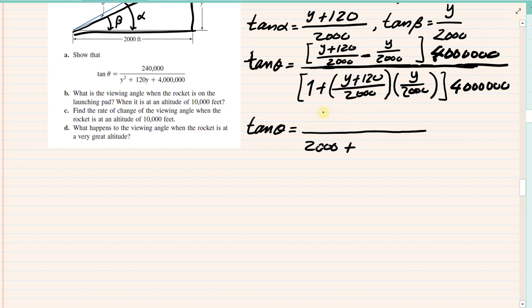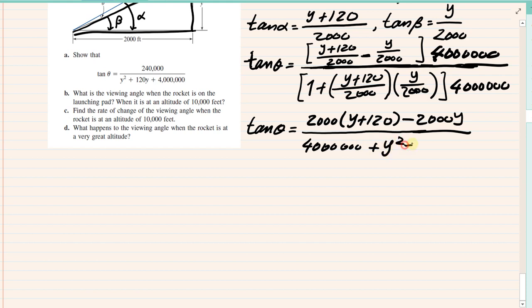4 million times the fraction divided by 2,000, that's 2,000 times y plus 120 minus 2,000y, right? In the denominator, we're going to have 4 million times 1 is 4 million, plus 4 million times the fractions. The 2,000 crosses out, so I'm going to get y squared plus 120y in the denominator, distributing the y to the binomial.